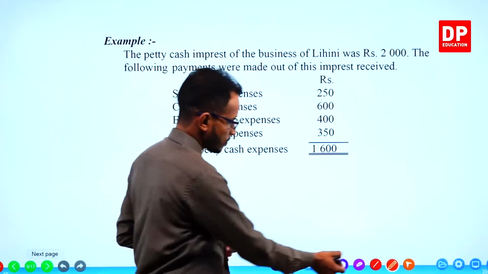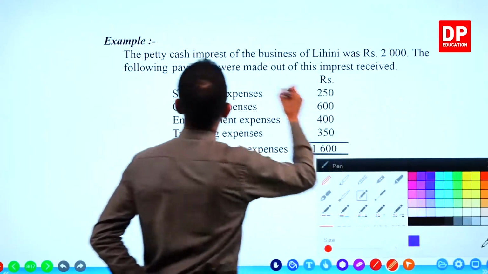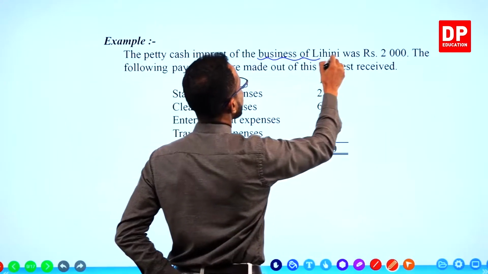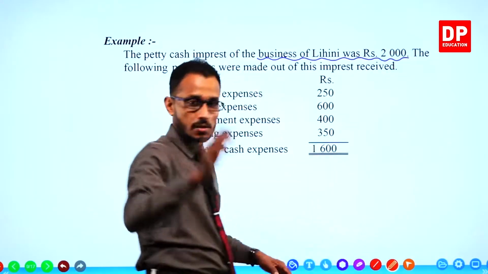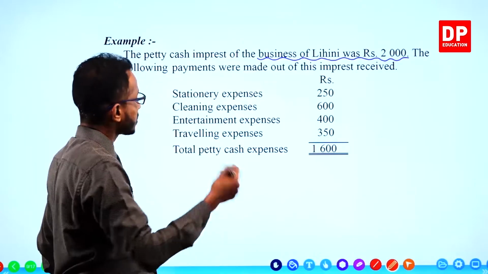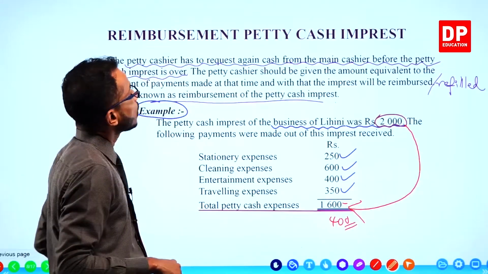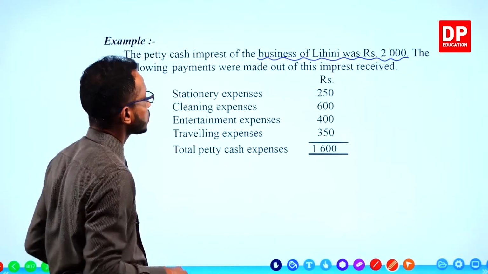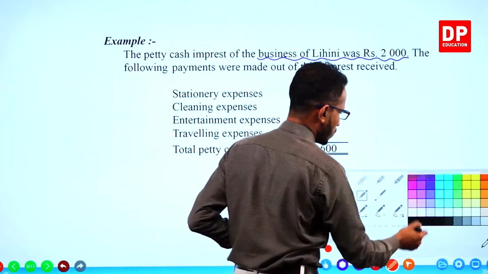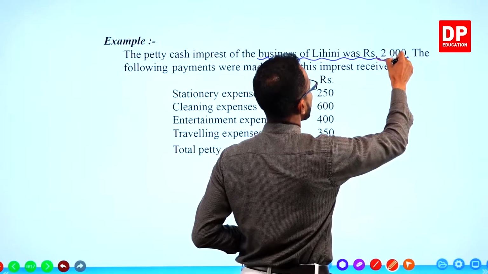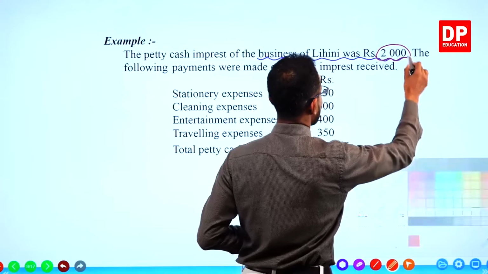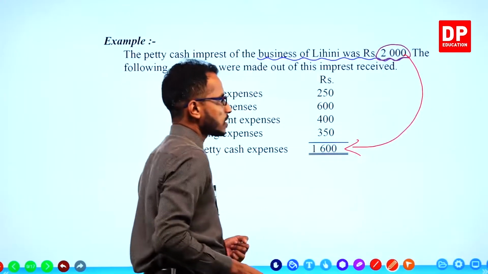This is the same example which was in the previous slide, right? Business of Lihini, 2,000 is the imprest, and spent amount is 1,600.